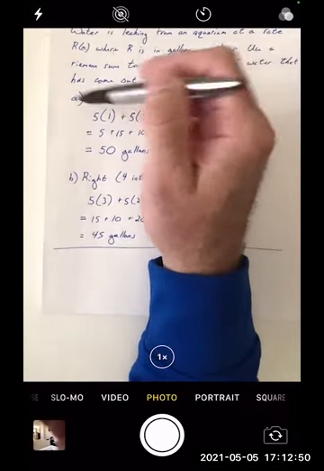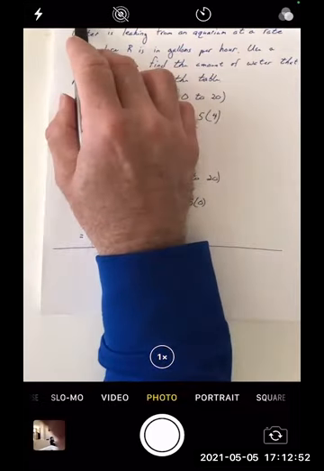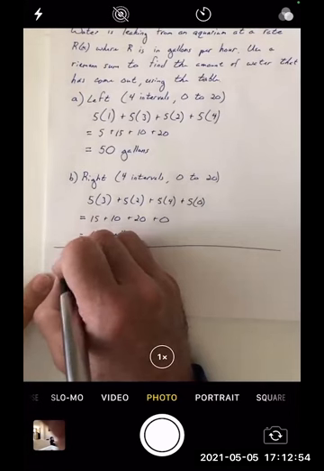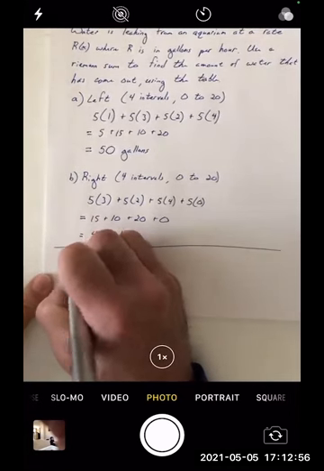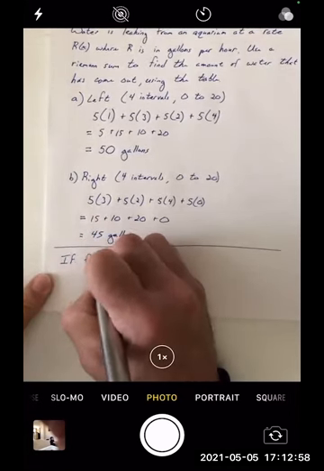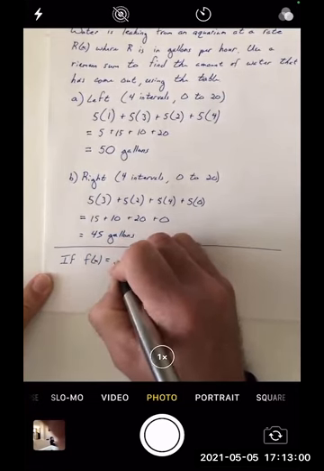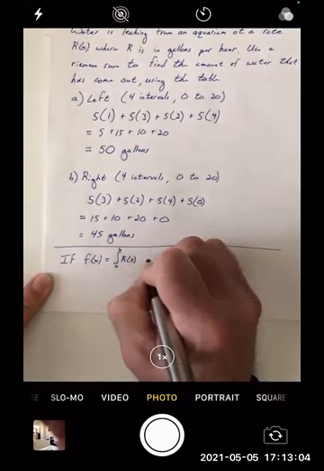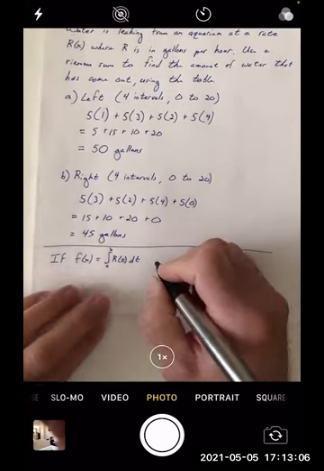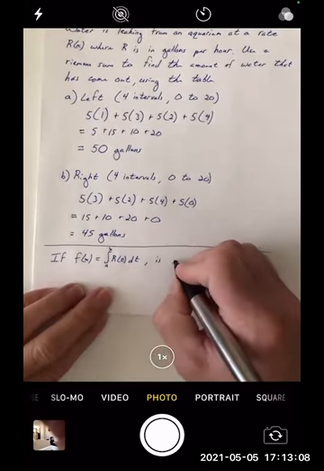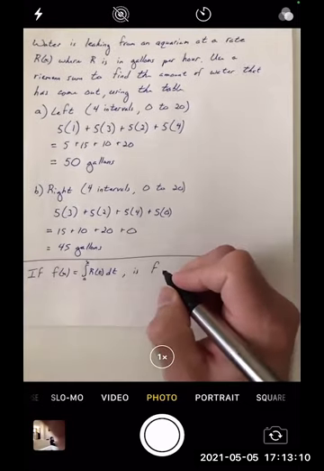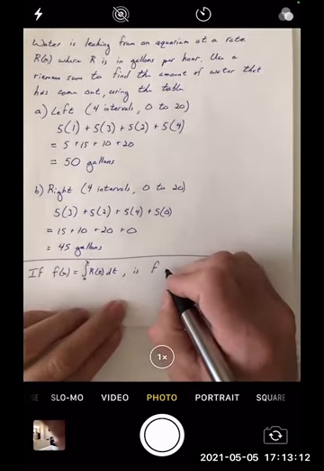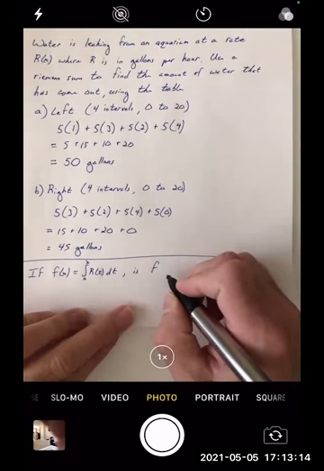So it would have to define a function as the integral. So if f of x is equal to the integral from 0 to x of r of t dt, is f, let's see, what can they do?